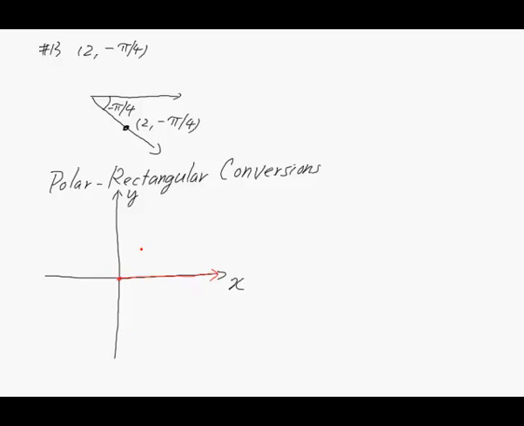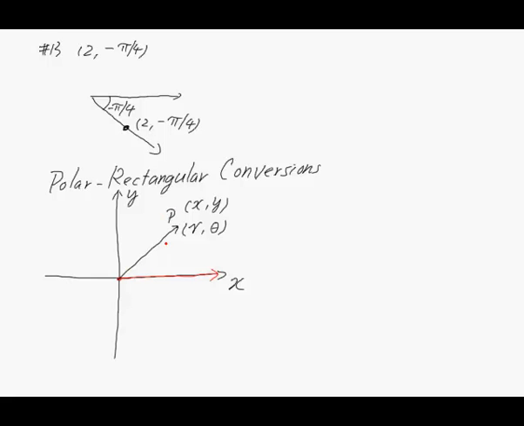So now, suppose I have one point, its polar coordinates are r and theta, and the rectangular coordinates are x and y. Let me call this point P.